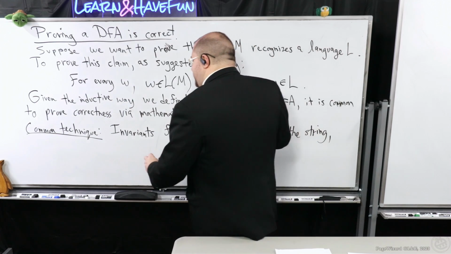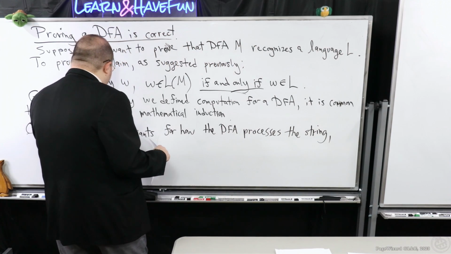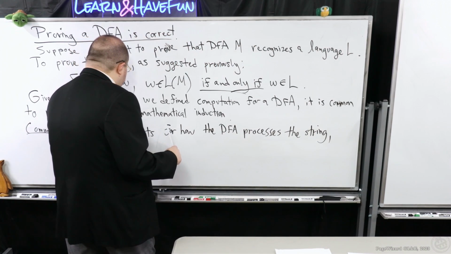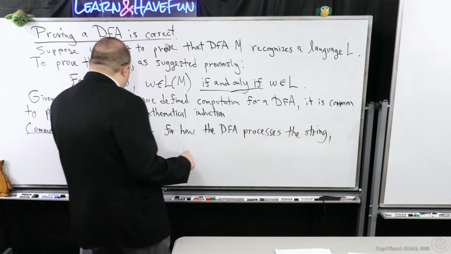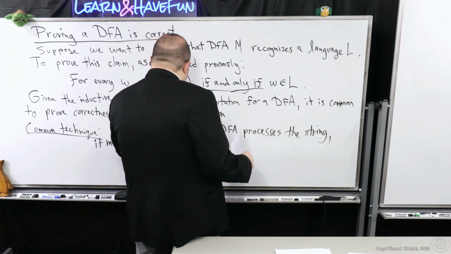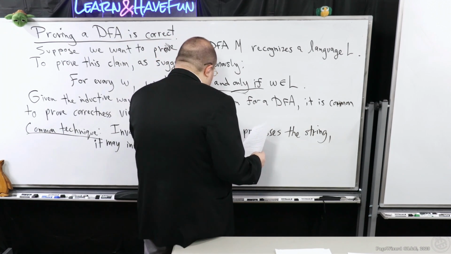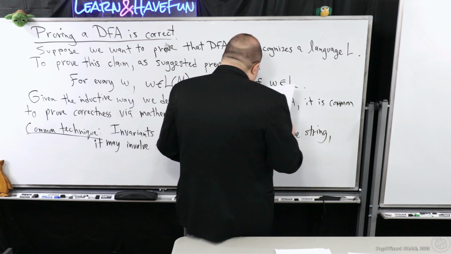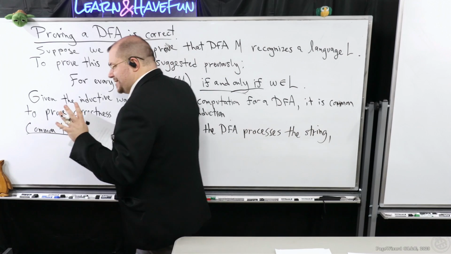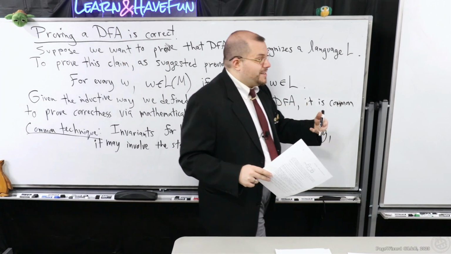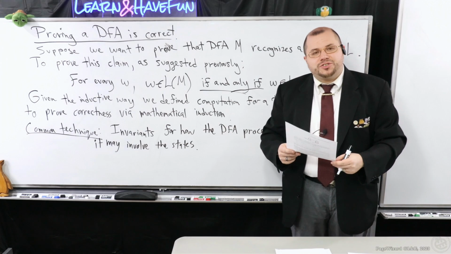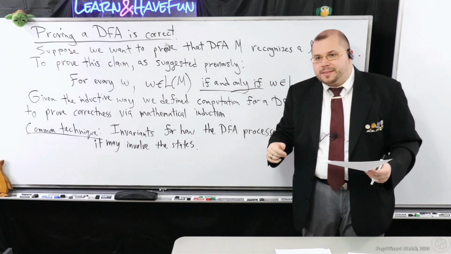One thing that's really important to note is that this may involve the states of the DFA. Normally when you're performing induction, it's typical to perform induction on the string, on the length of the string, because every string in the DFA will have some length.